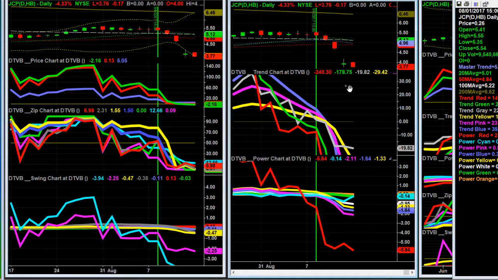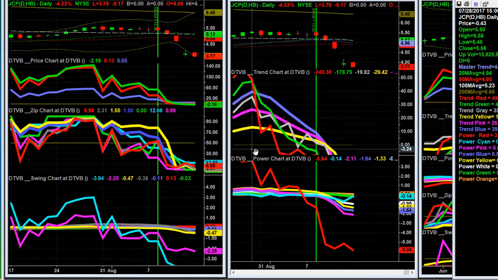We're only dealing with a $5.50 stock here, but as you can see, the trend blue line turned around back here, and that's the first day that we had a TOC pattern in trend blue.